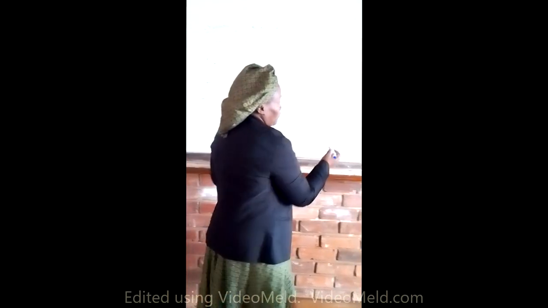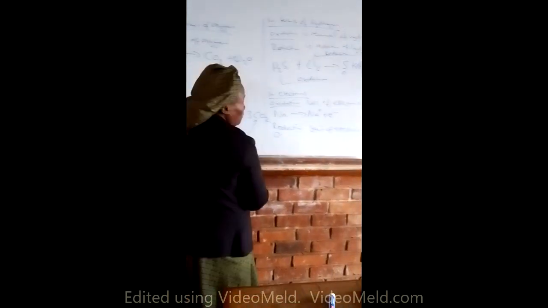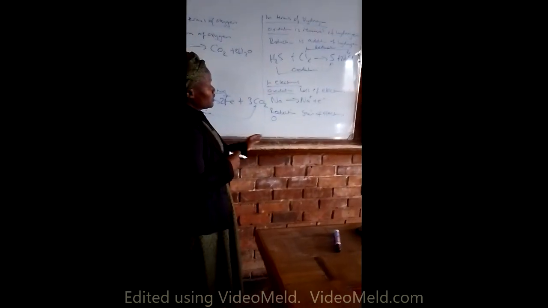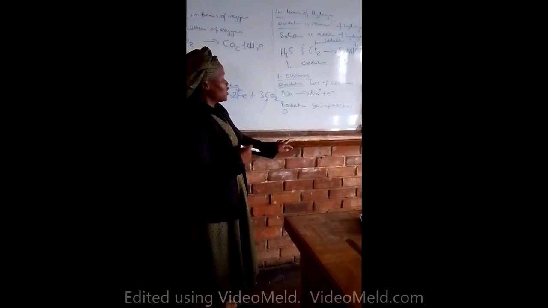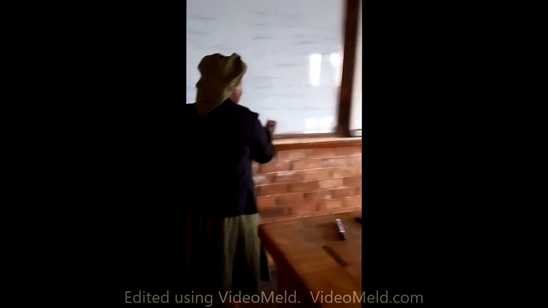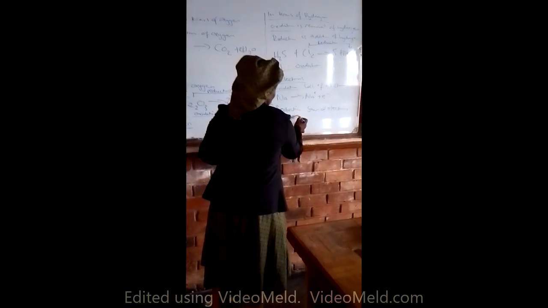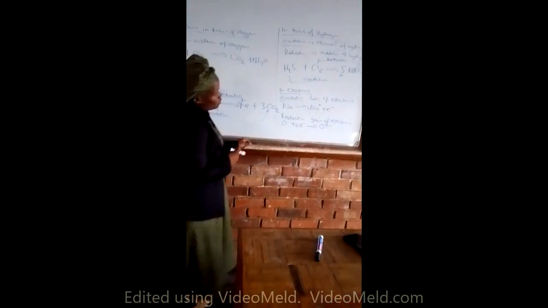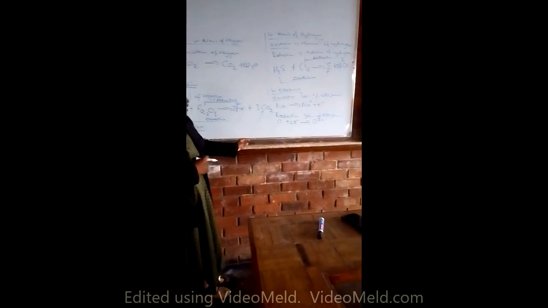So let's take, for example, oxygen, which is in group 6. Because it's in group 6, it means it has 6 electrons in the outer shell, so it will be easier for it to gain 2 electrons in order to gain a noble gas configuration. This is the oxygen atom.